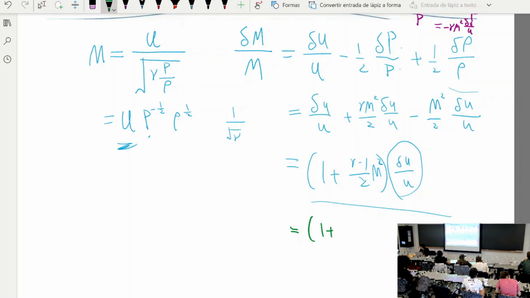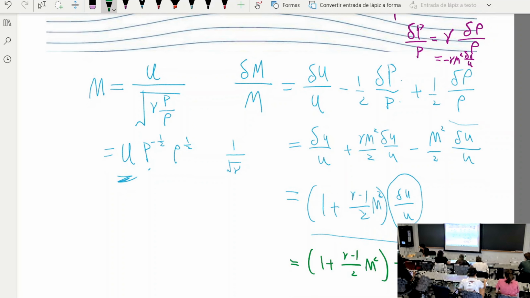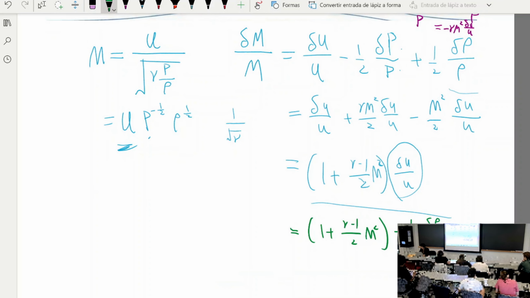So delta u over u is minus 1 over M squared times delta rho over rho, right? And we can also write this in terms of delta p over p. I think it's the other way, minus gamma M squared delta p over p. Now we can integrate.